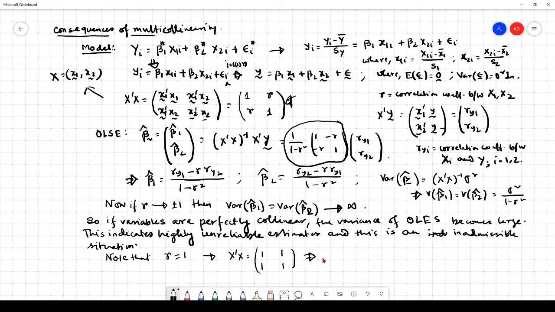That means rank of X prime X equals rank of X, which is equal to 1, which is less than 2, where the number of explanatory variables is 2. Similarly, when r equals minus 1, then X prime X is equal to 1 minus 1, minus 1 1. Again here also rank of X equals 1, which is less than 2.